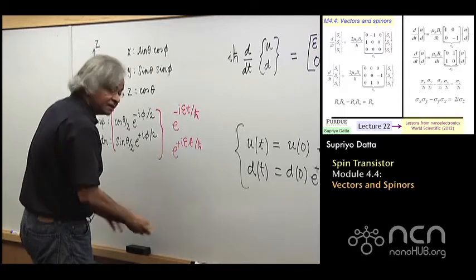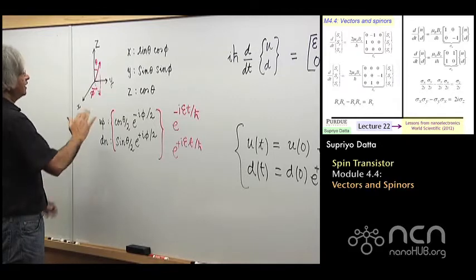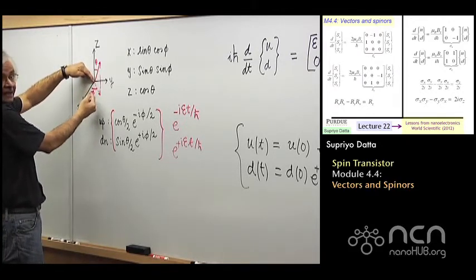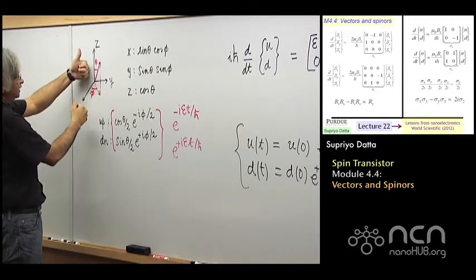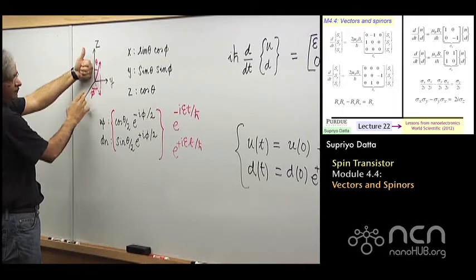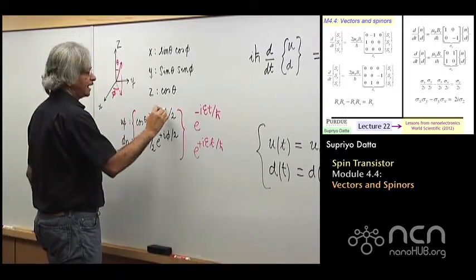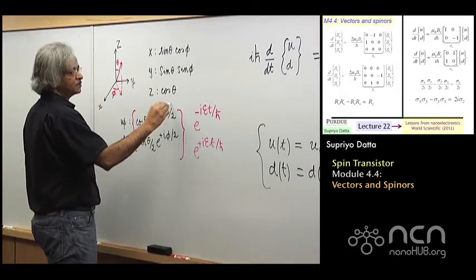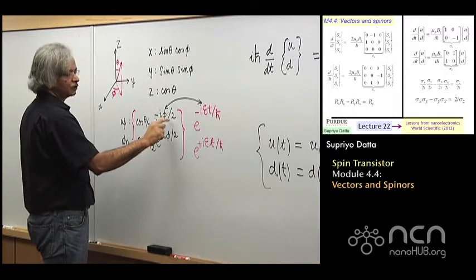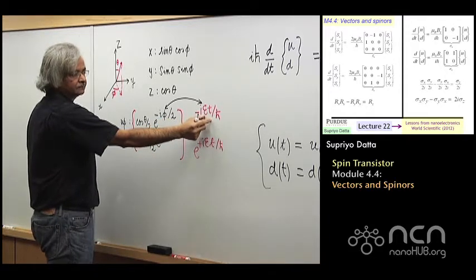So what that means is that if you think of this object, which started out initially with some direction phi from the x-axis, so we have this magnetic field in the z-axis, and let us say this spin starts out in some direction, it is as if this phi, the angle with the x-axis, keeps evolving with time. You see? Because this phi over 2 is like epsilon t over h bar, right here.